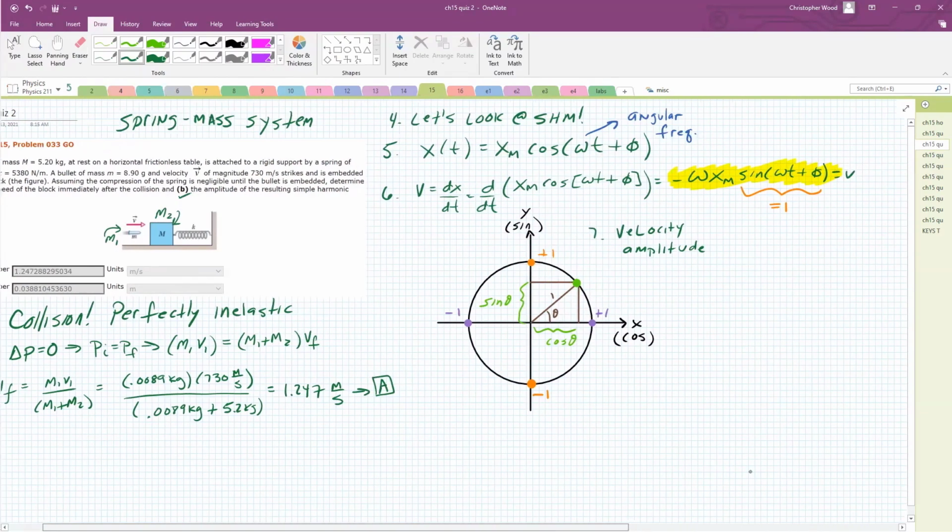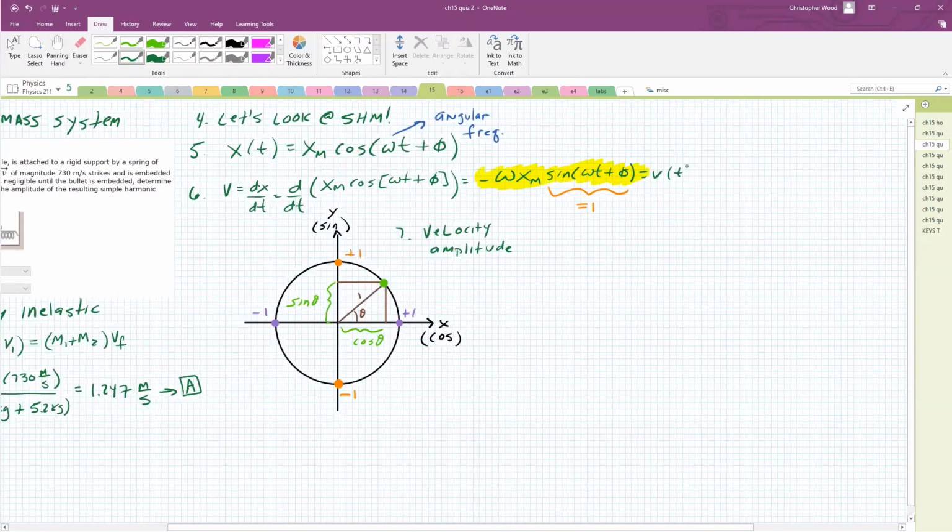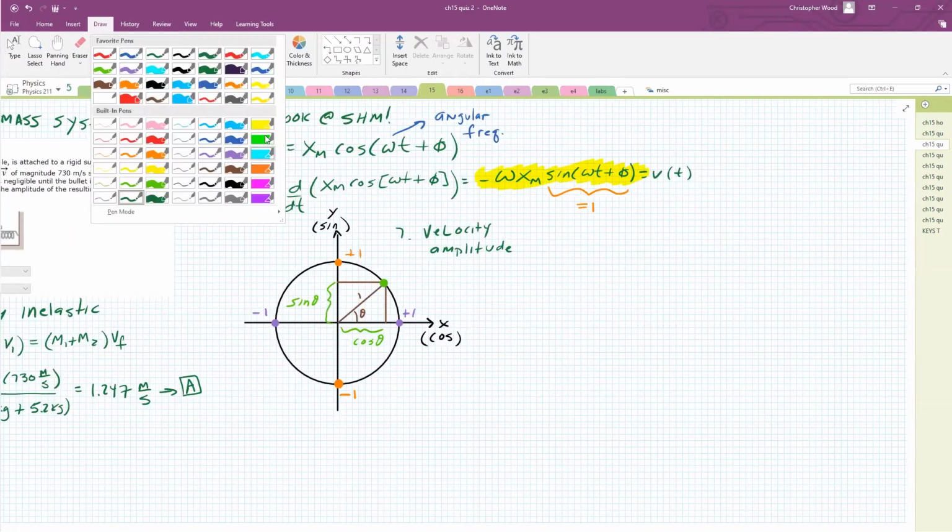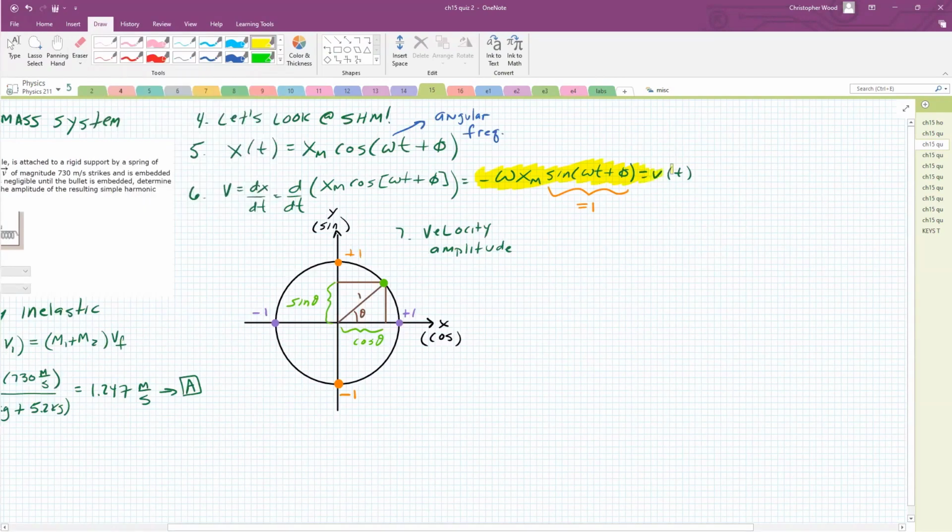But I know that whatever the time, the maximum value of velocity is right here. This is velocity amplitude, the maximum possible value of velocity.